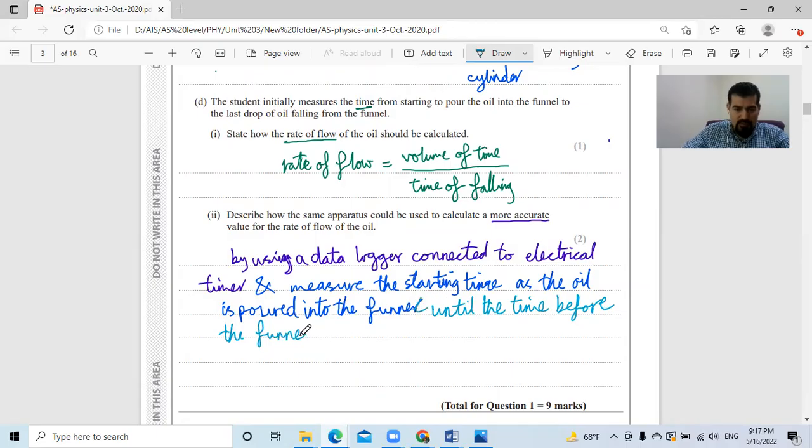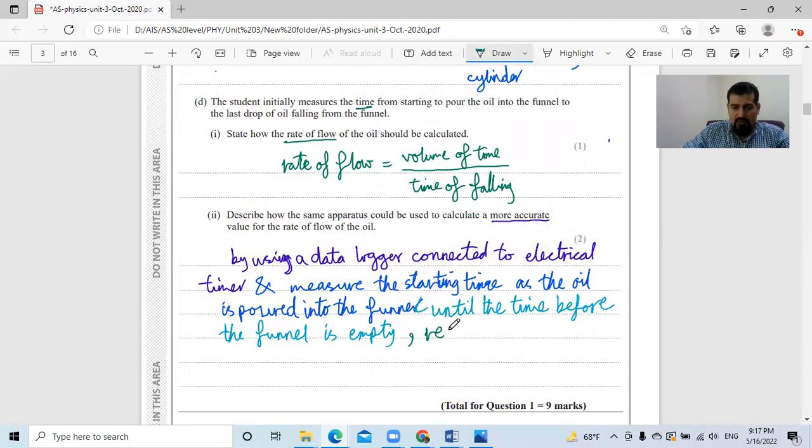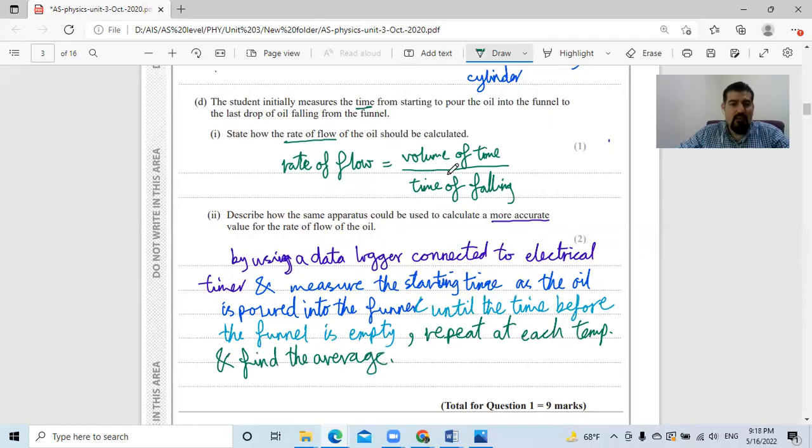Repeat this at each temperature, and find the average. Okay?